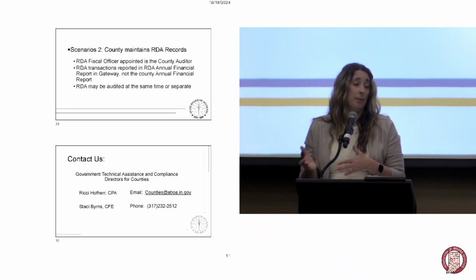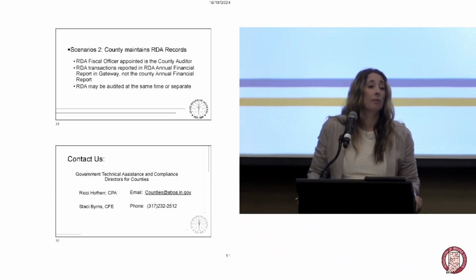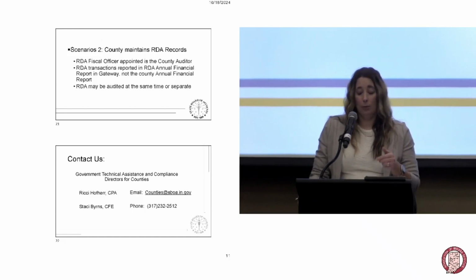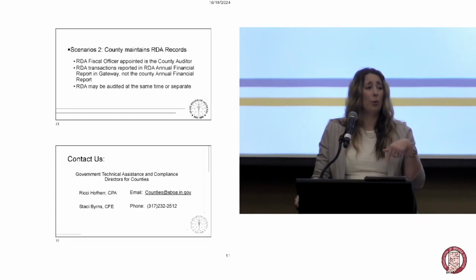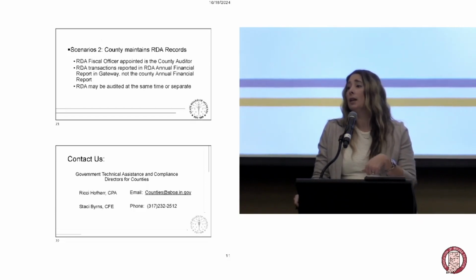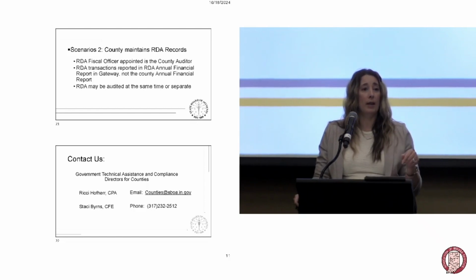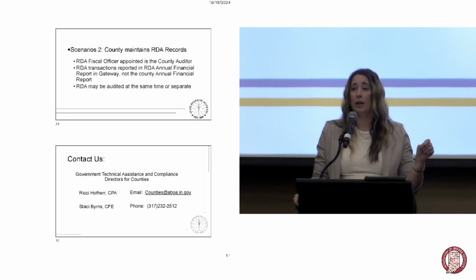The field examiners opened it up for 21 and 22, but there's nothing in there. Okay. So we had to do everything for 23. And so you just move forward to 23. Yes. Is there anybody who reports it on the county only and hasn't set up or doesn't know of them having a Gateway account for the RDA?